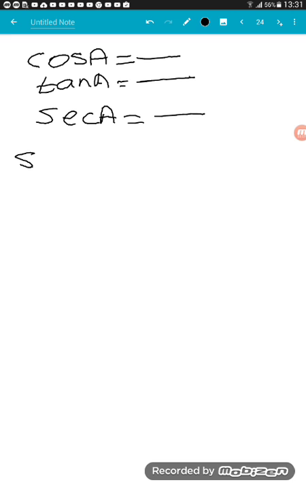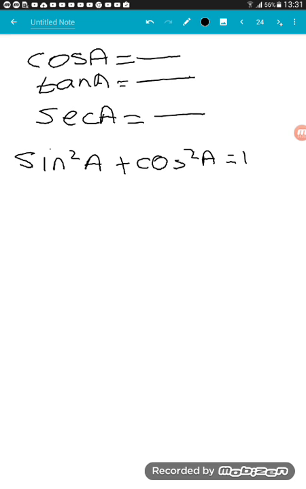Now first we will use the identity and find cos A, because cos is included in that identity. So we will use the identity sin square A plus cos square A equal to 1.